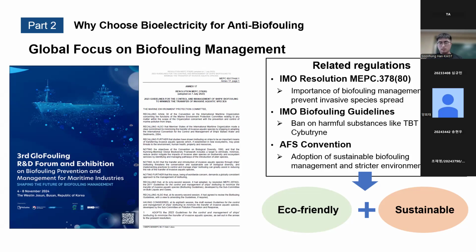Additionally, antifouling regulations are being updated worldwide. Through this regulation, our group recognized that eco-friendliness and sustainability are important factors in selecting antifouling methods.